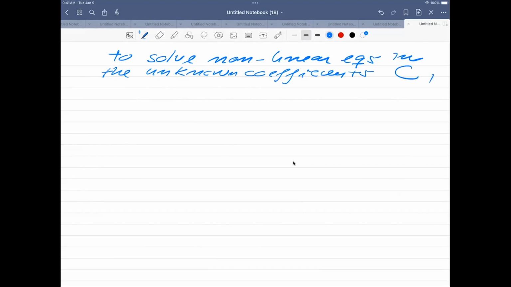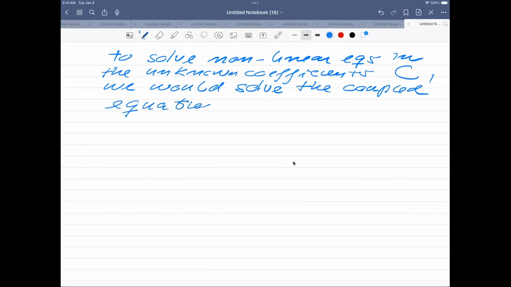We would solve the coupled equations iteratively.